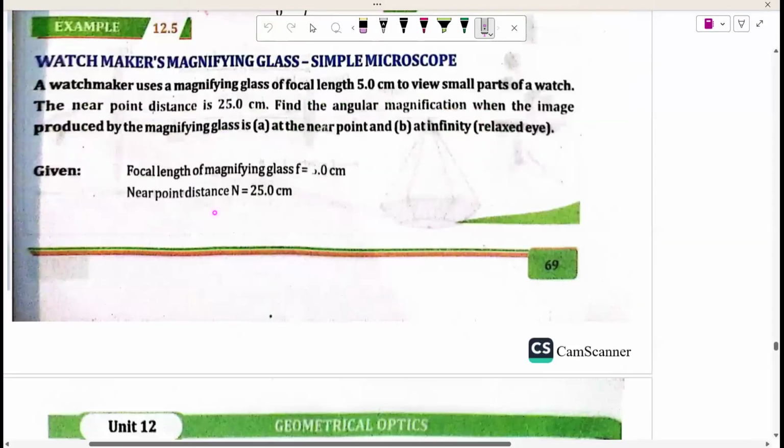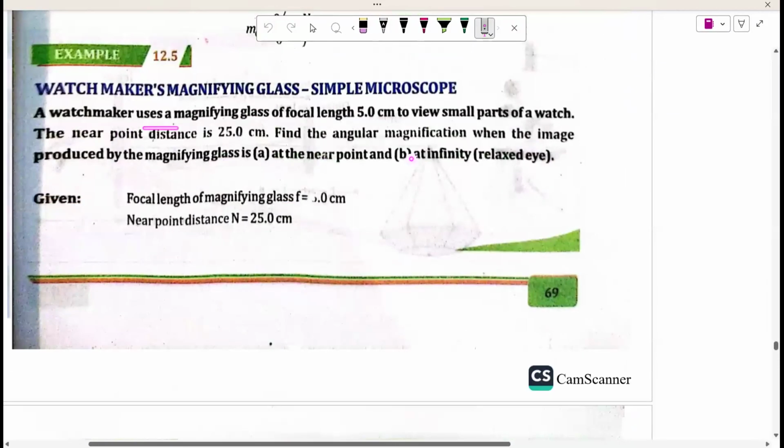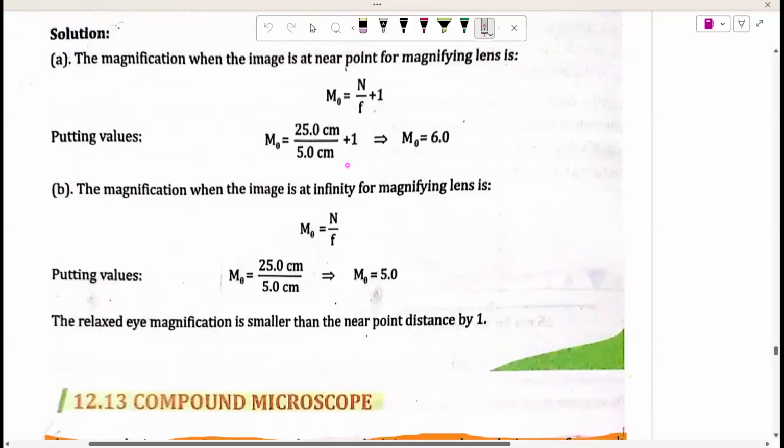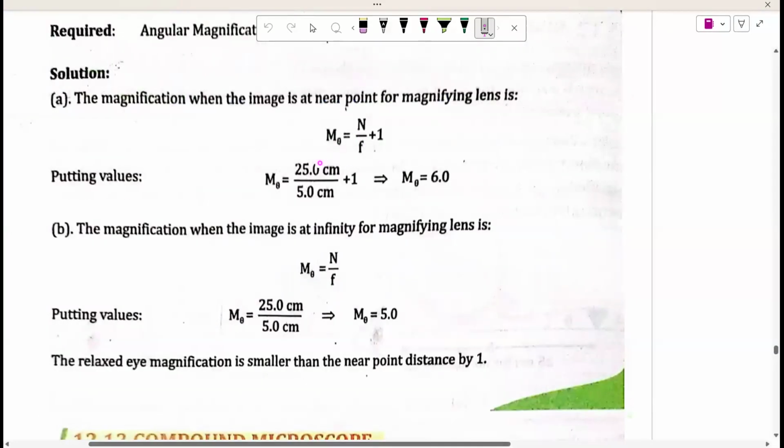The first one is: a watchmaker uses a magnifying glass of focal length 5 centimeter to view a small part, the near point distance being 25 centimeter. Find the angular magnification produced by the magnifying glass at the near point and at infinity. So near point पे जाएंगे तो हम लोग exactly वही formula use करेंगे, N/F plus 1 का.